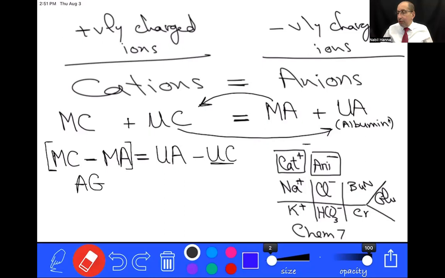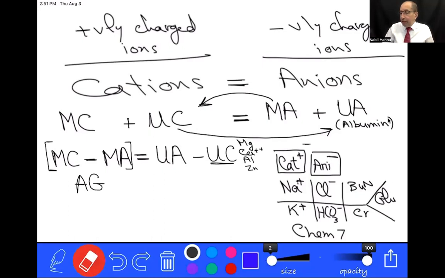Unmeasured cations include magnesium, calcium, aluminum, zinc, and actually these do not play a significant role in the acid-base problems.